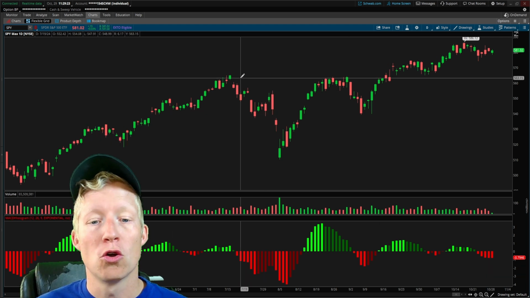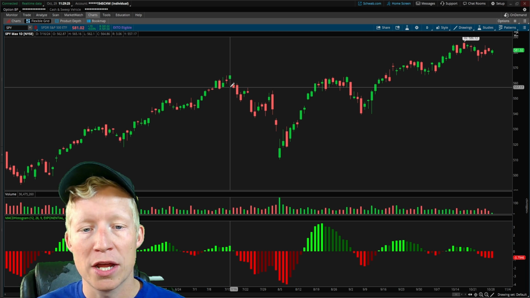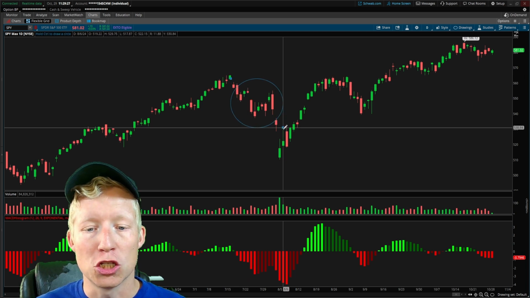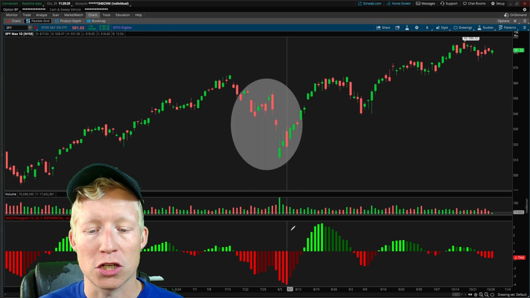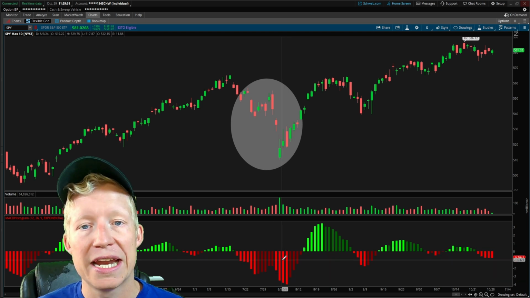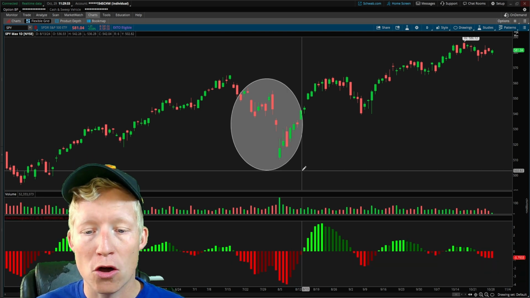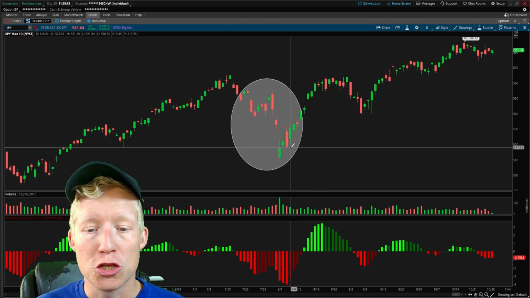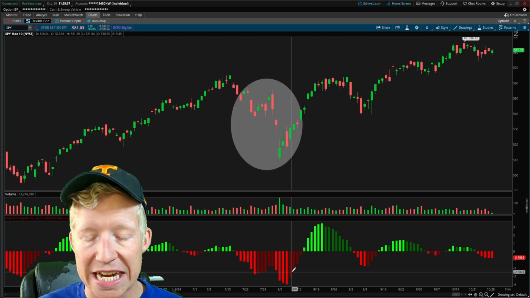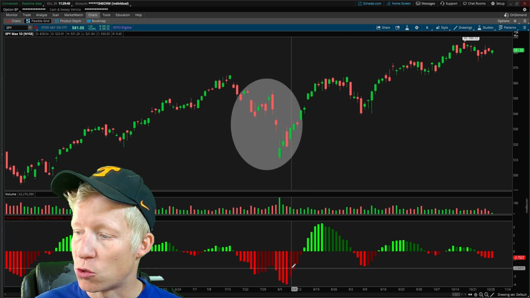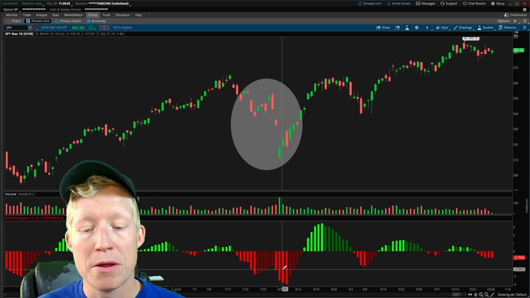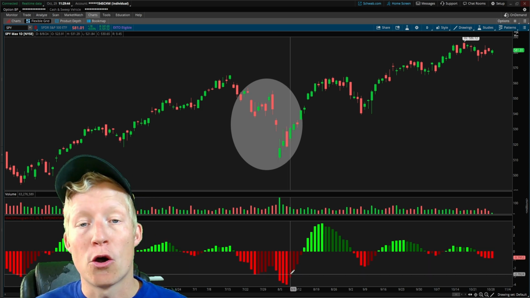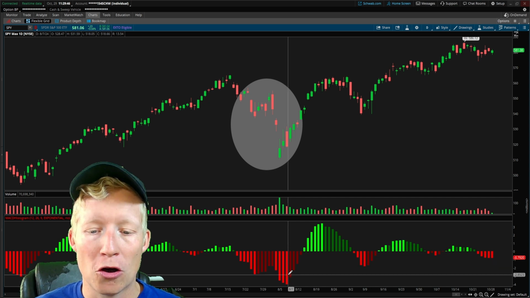You'll notice here, when you begin to get this move down in the stock price, the MACD histogram goes red that entire time. Then on this bar here, you get a descending red value. That's when this red bar turns darker because it is down less than it was the bar before.